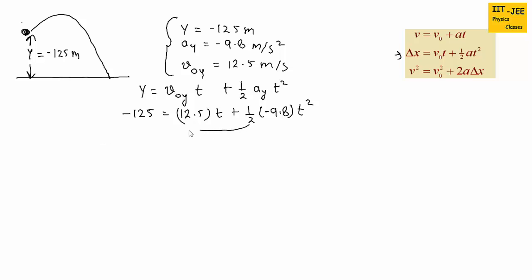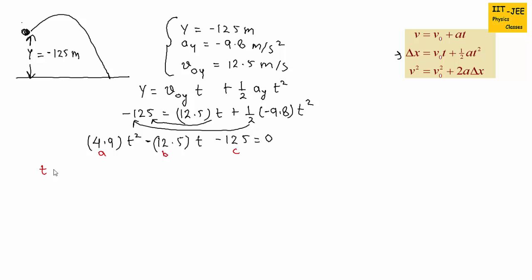For that we will take this term to the left side and also this term to the left side. So this term would be 4.9 t squared and this would be 12.5 t minus 125 equals 0. It becomes like at squared plus bt plus c. So a equals 4.9, b equals minus 12.5, c equals minus 125.